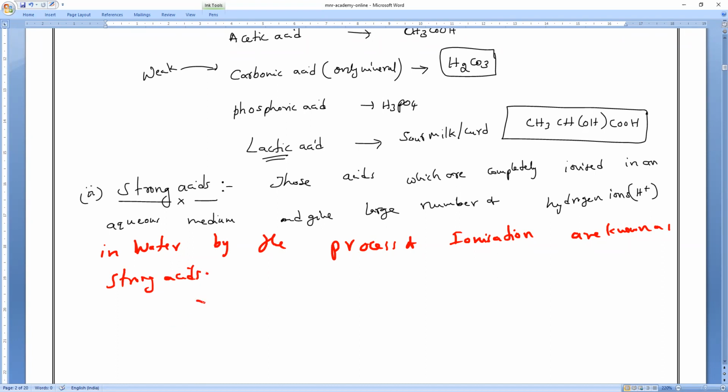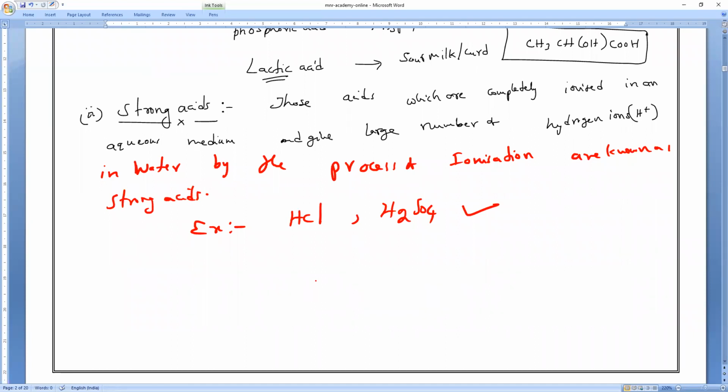Well-known examples are hydrochloric acid, HCl, sulfuric acid, nitric acid, and chloric acid. These are all examples of strong acids. They form a large number of H plus ions.